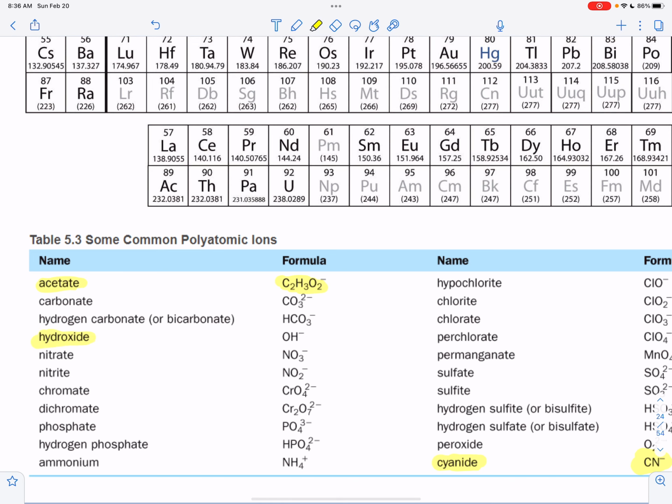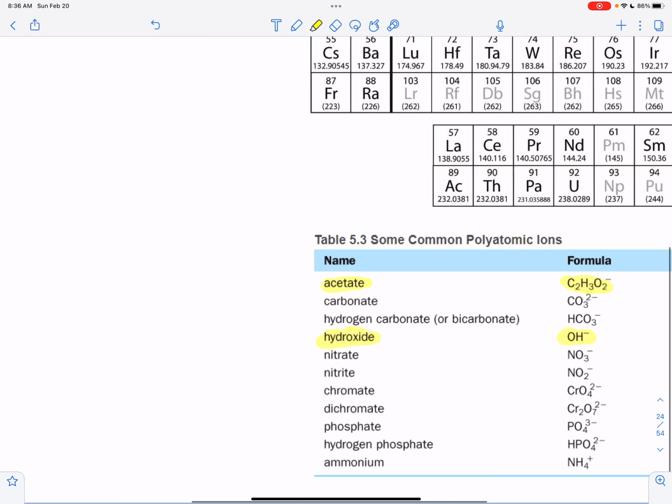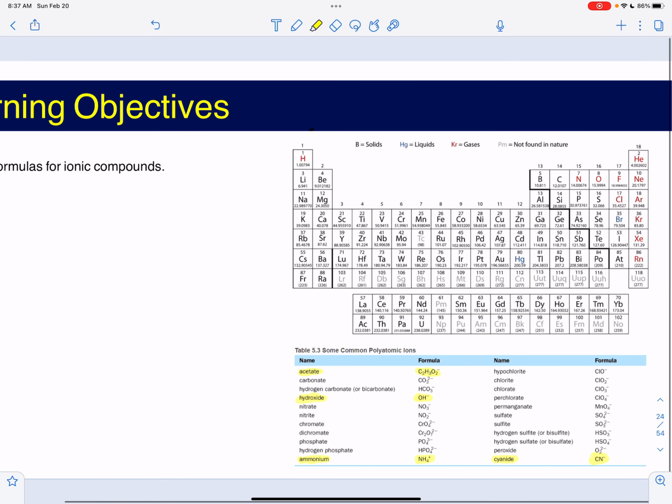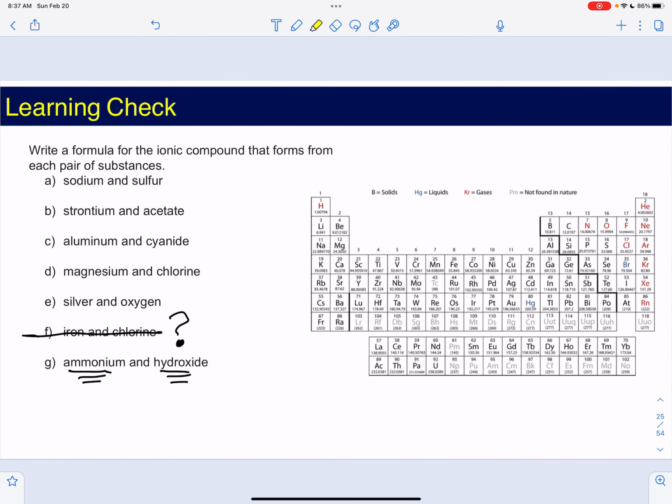So hydroxide is going to be OH negative, and ammonium is going to be right here, NH4 plus. Always have your polyatomic table close by. So the last one is going to be ammonium, NH4 plus, and hydroxide, OH negative.